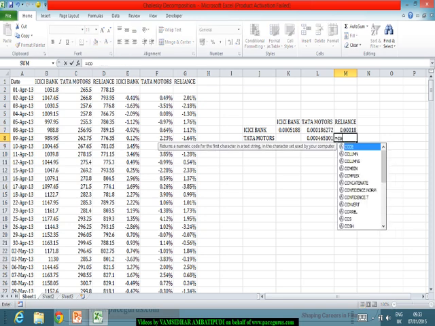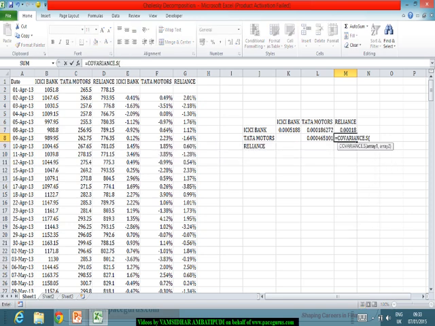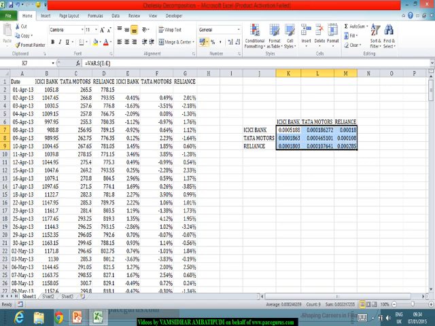Similarly, I am also taking the covariance between the Tata Motors returns and the Reliance returns. So more or less these are the numbers that I am considering, and this is more or less equal to this, and this is equal to this. Let me just quickly put it in percentage form so that we can understand things better.